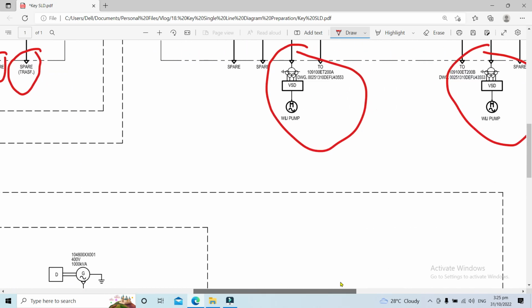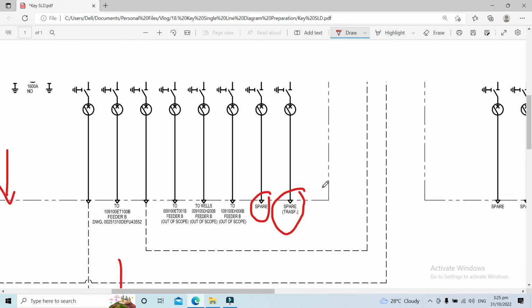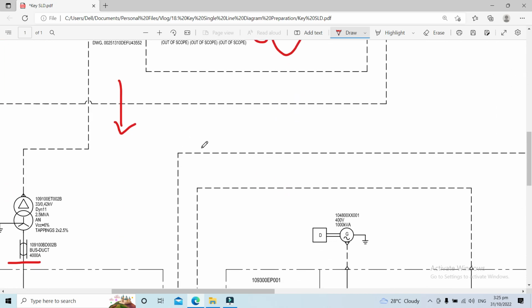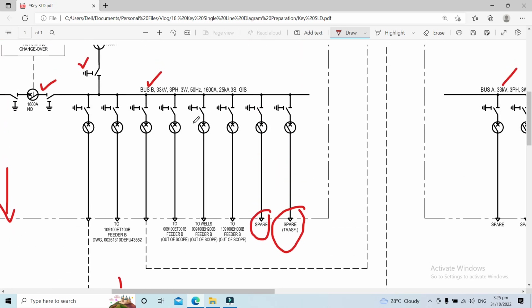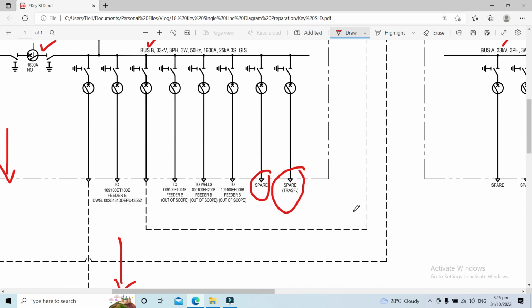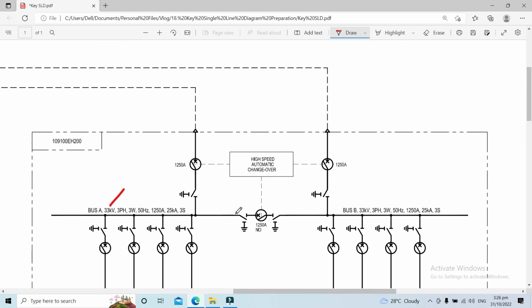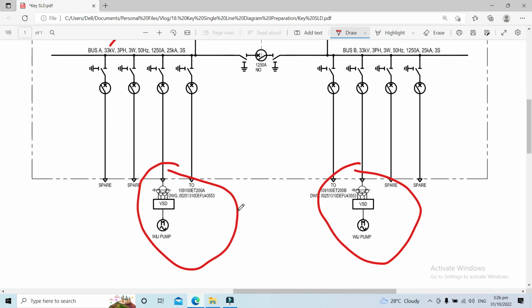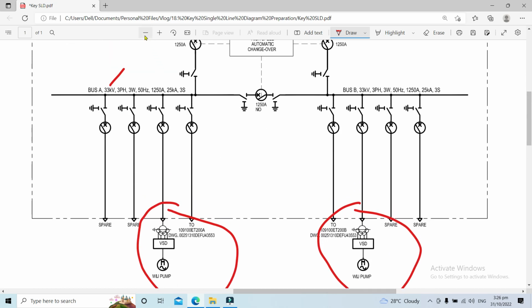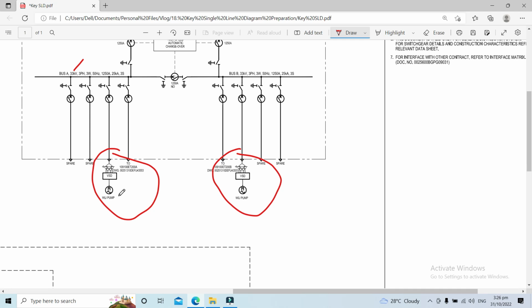Let's go first to another 33 kV switchgear. So this is our 33 kV switchgear. Going to the right side, we have a separate 33 kV switchgear for our water injection pump, which is rated 7,500 kilowatt.